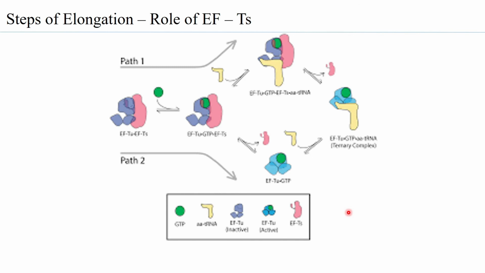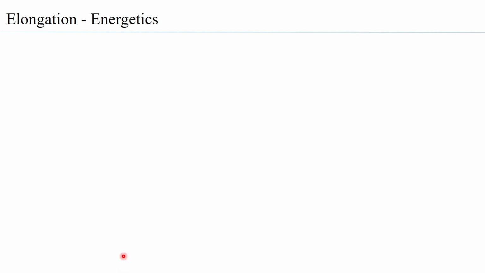So as soon as it becomes EFG GDP, it spontaneously releases the GDP and it preferably takes up a GTP again to become EFG GTP. Okay, so the charging of the EFG with the GTP is done by itself because it has a higher affinity to bind to GTP. Now let us just look at the energetics of the elongation process.